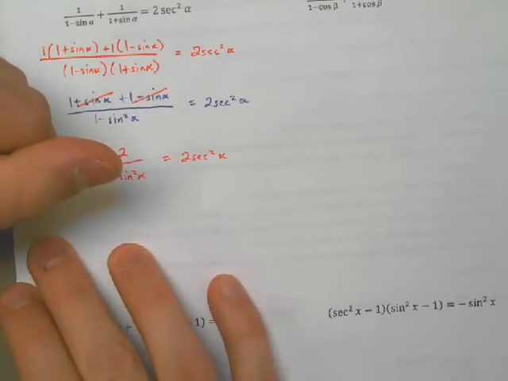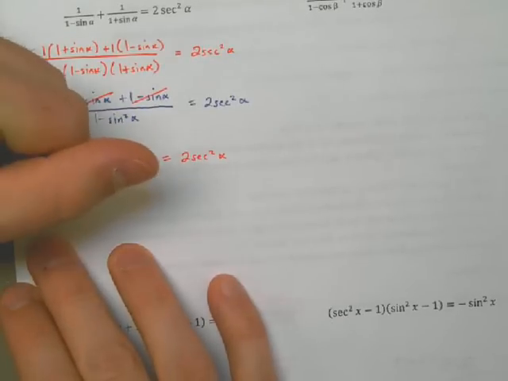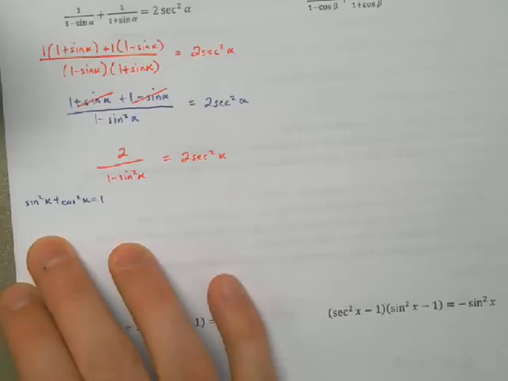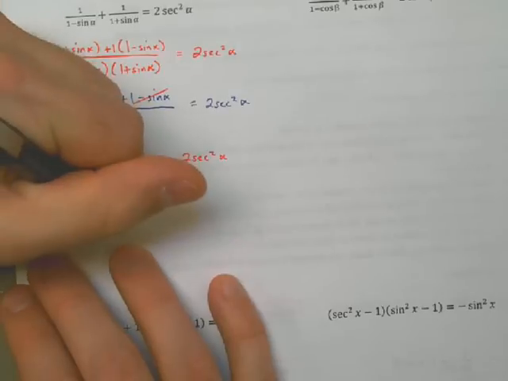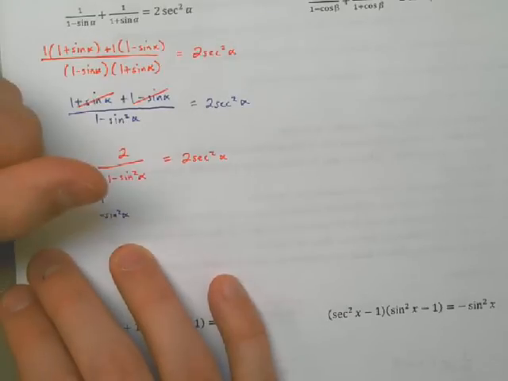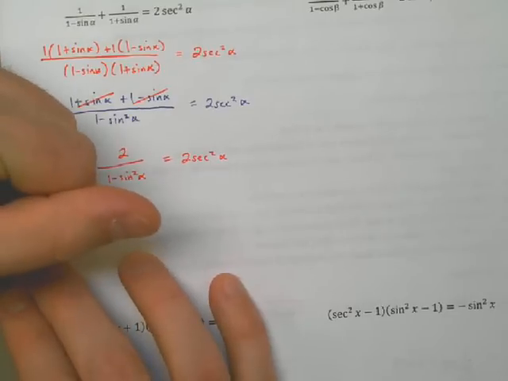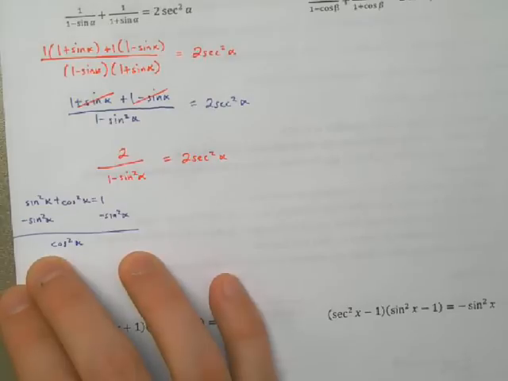That's 1 minus the cosine squared of beta. I need to show that that is equal to 2 cosecant squared of beta. Alright, let's combine some like terms here. I see that I have a cosine beta and a minus cosine beta. Those go away, and once again I'm left with a 2 on the top. I'm left with 1 minus cosine squared of beta on the bottom. I need to show that that's equal to 2 cosecant squared of beta.